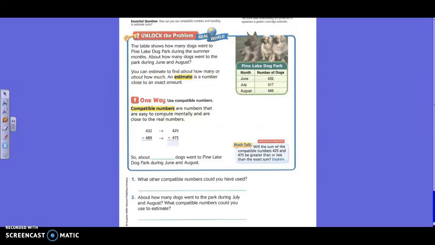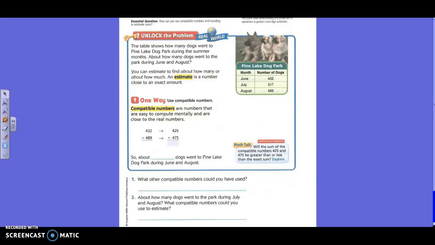Boys and girls, today we are going to use compatible numbers and rounding to estimate sums. I need you to read the story, please. The table shows how many dogs went to the Pine Lake Dog Park during the summer.